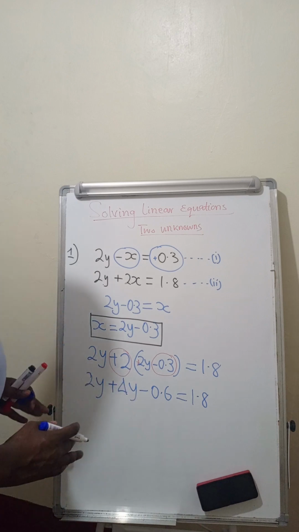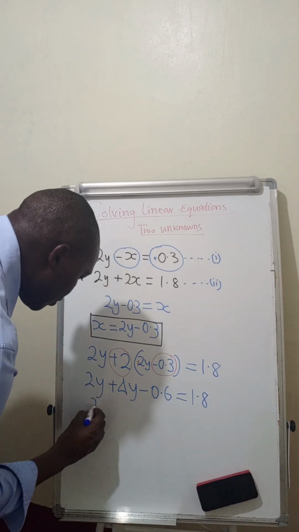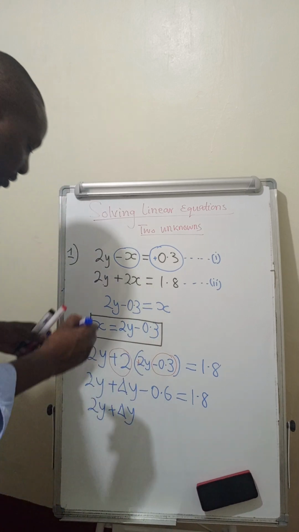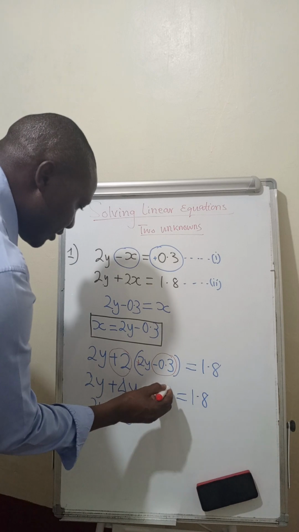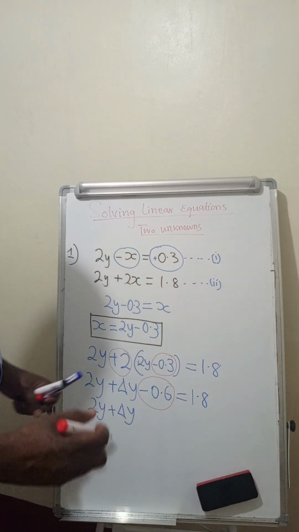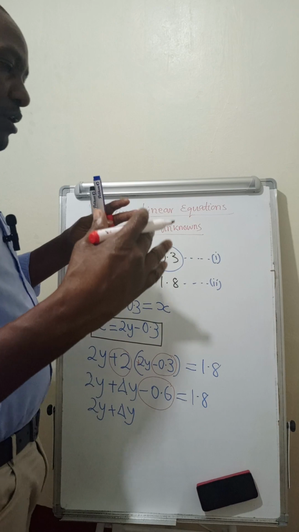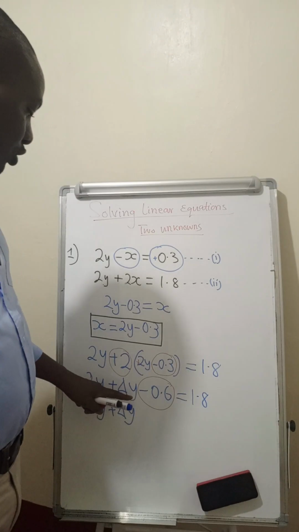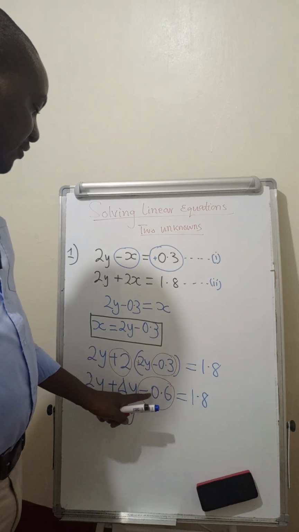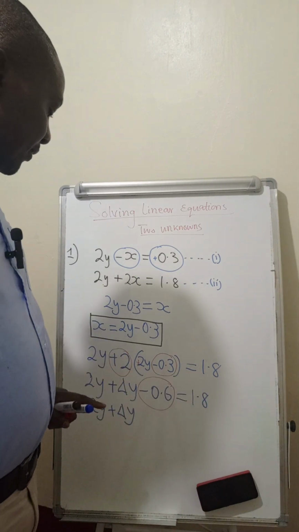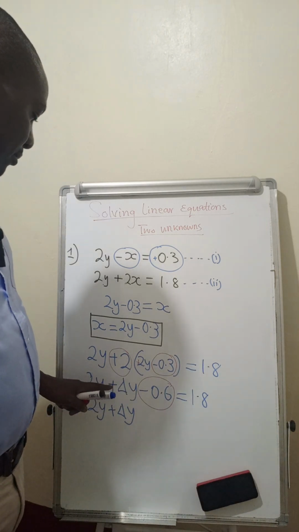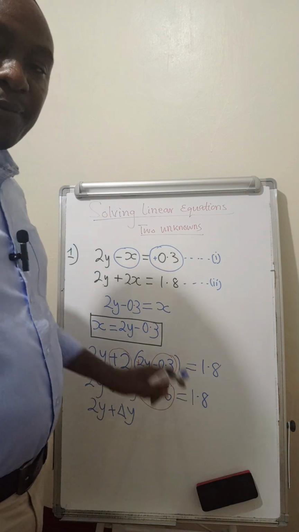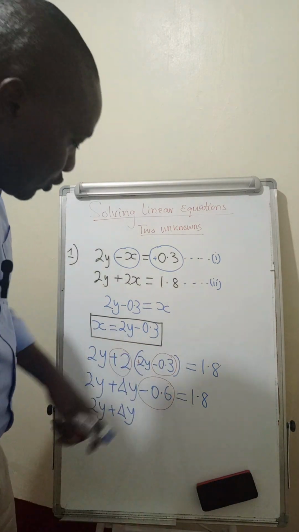The third step, collect the like terms. So we shall have our 2y together with 4y. Remember when we talk about collecting the like terms, we have two terms here. We have the known, that is negative 0.6 and 1.8, and we have the unknown 2y plus 4y. In short, we have the unknown y and the known, the numbers here. Clear? Let's continue.